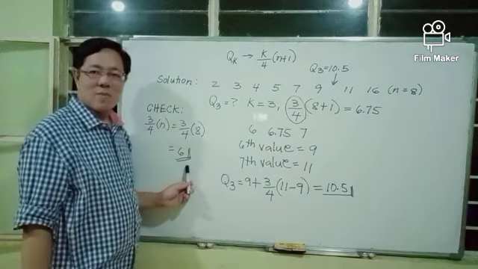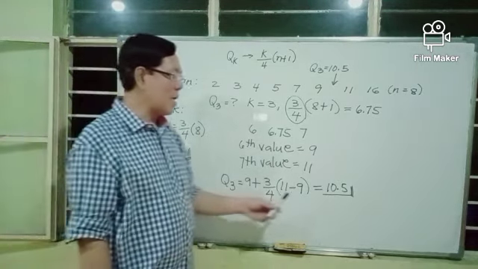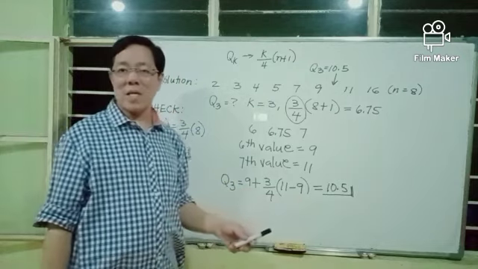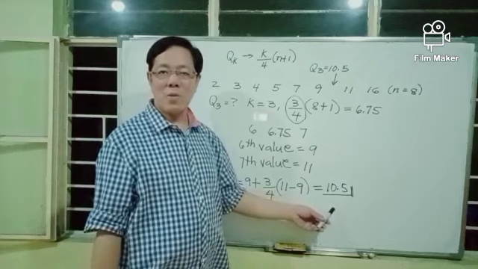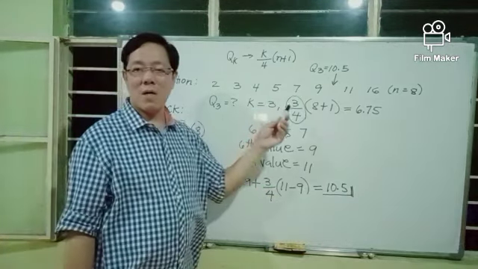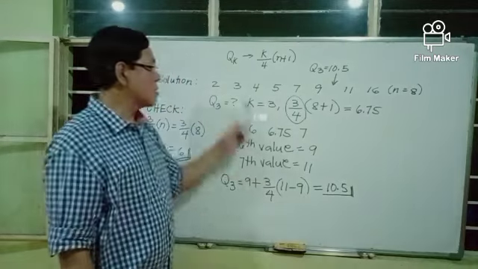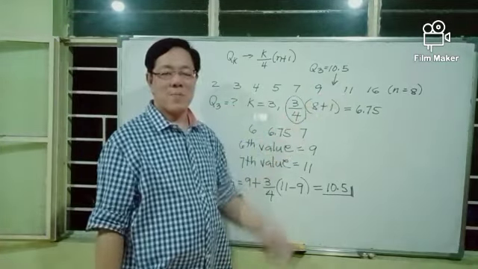Thus, this is true. At most 6 values are below 10.5. The largest number of values below 10.5 is 6, and in our example, there are exactly 6 values that are less than 10.5.